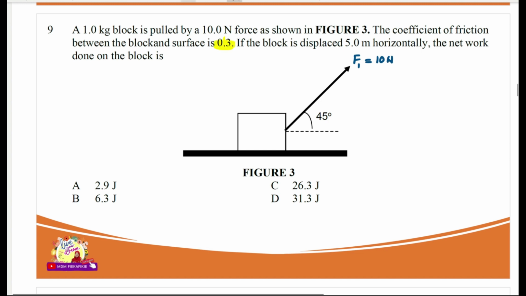So, given that this is mu, okay, and if the block is displaced 5 meter horizontally, okay, so means that it's going to move in this direction. Okay, dia akan gerak ke sini lah S dia. Kita tarik ke sini kan, 5 meter. The net work done on the block is, okay, so kalau saya lukis the free body diagram, okay, so let's say this is the free body diagram.